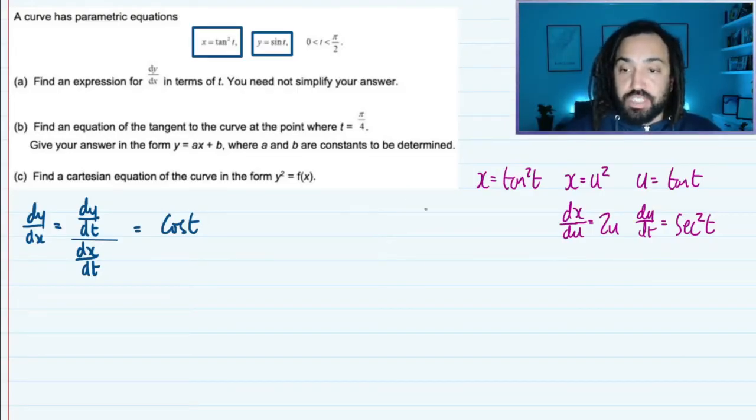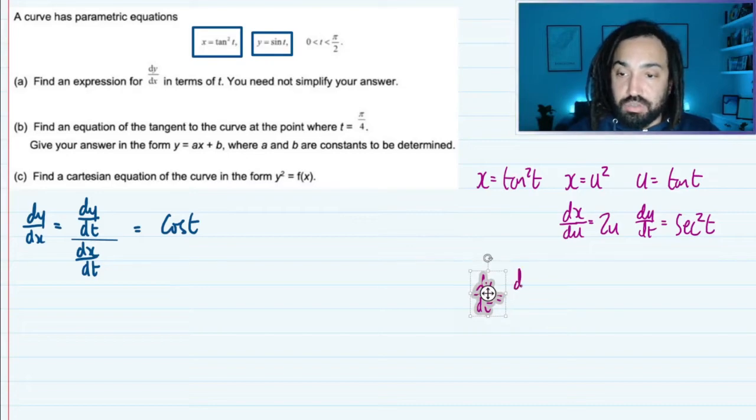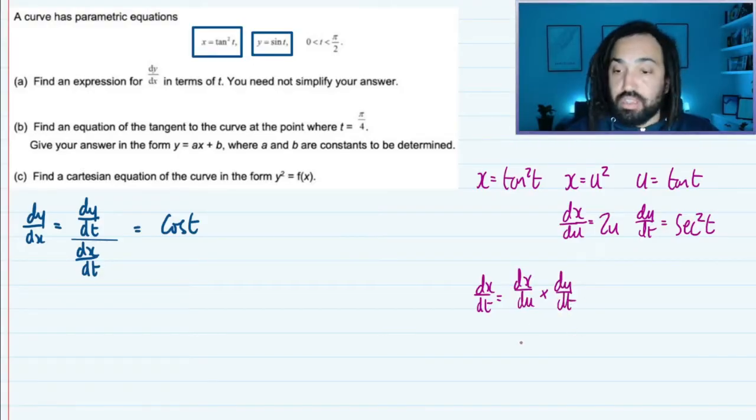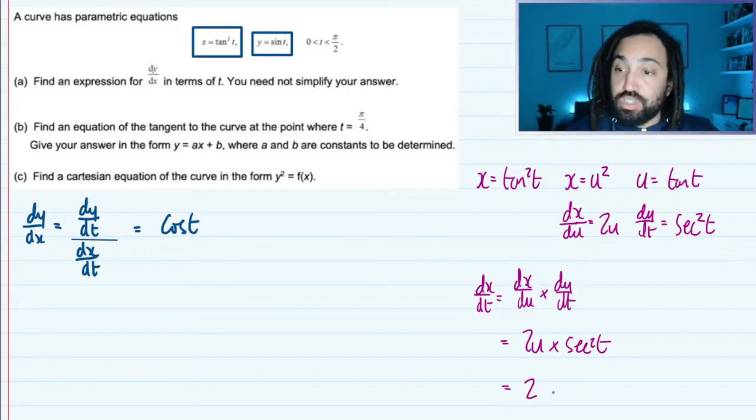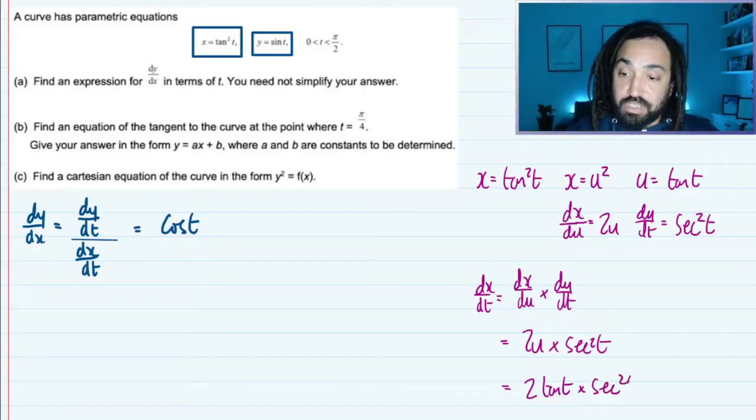Okay, perfect. So how do I then find dx by dt using the chain rule? Well, dx by dt is equal to dx by du multiplied by du by dt. So we have 2u multiplied by sec squared t, which is the same as 2 times u, which we know is tan t. That was the substitution we did, times sec squared t.